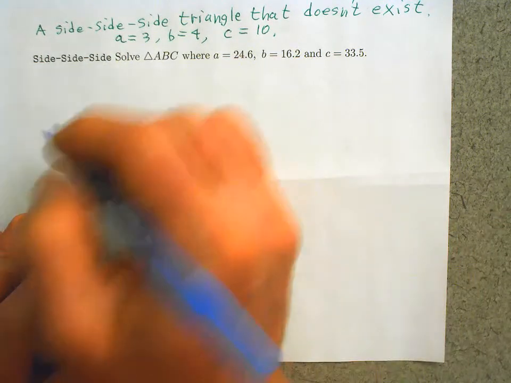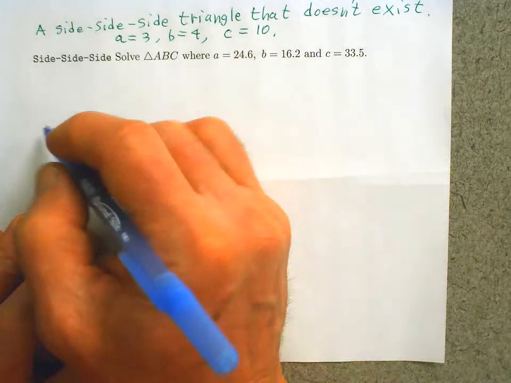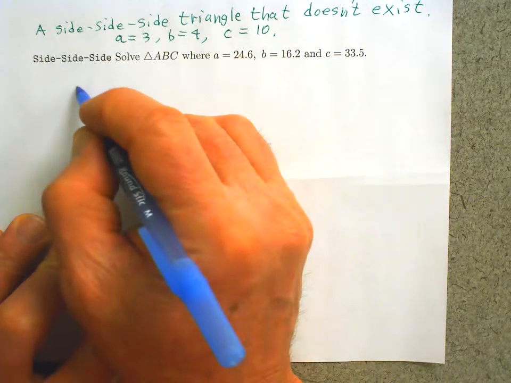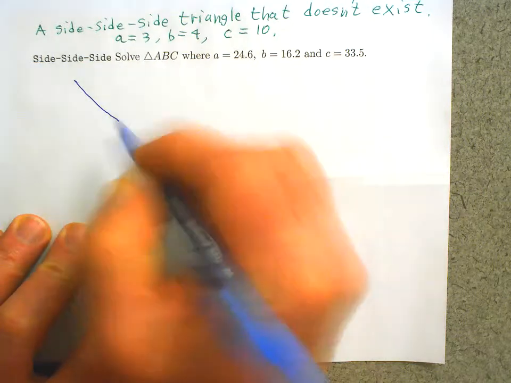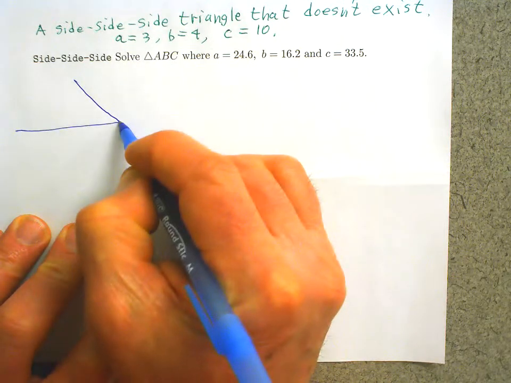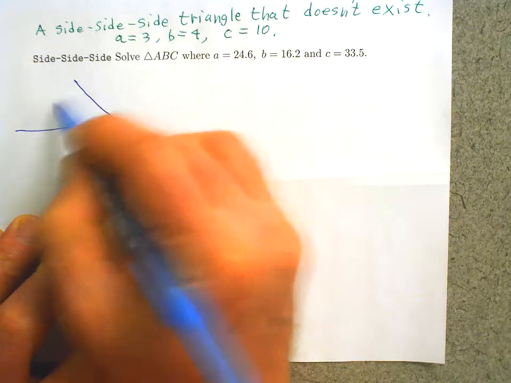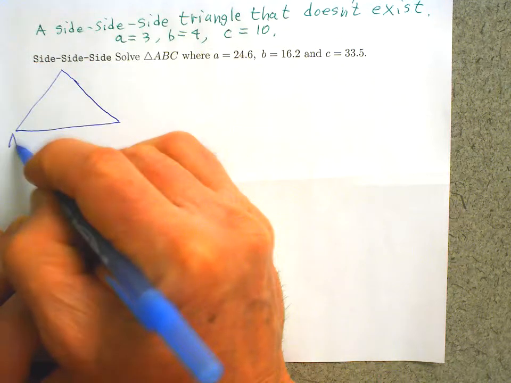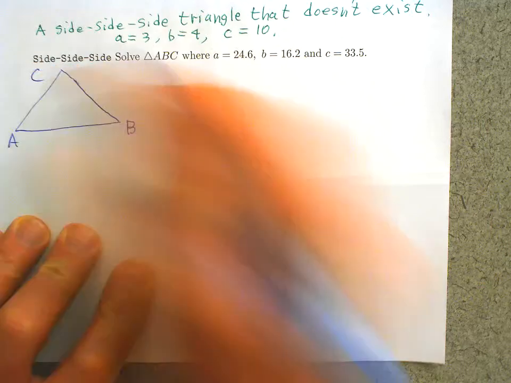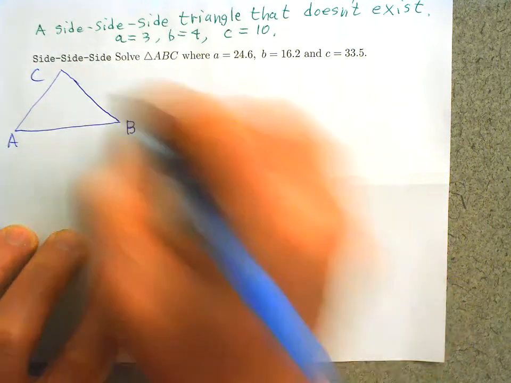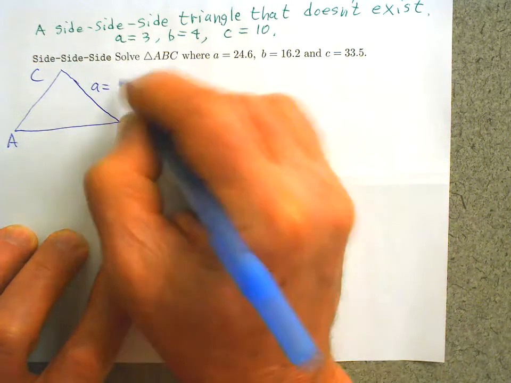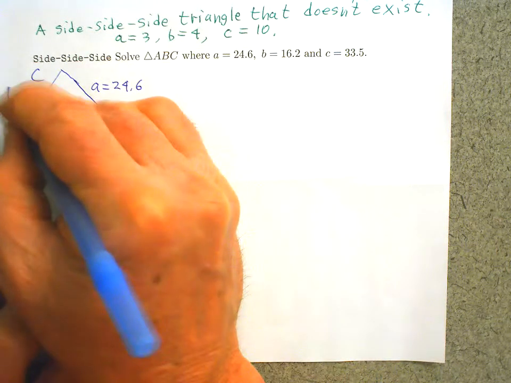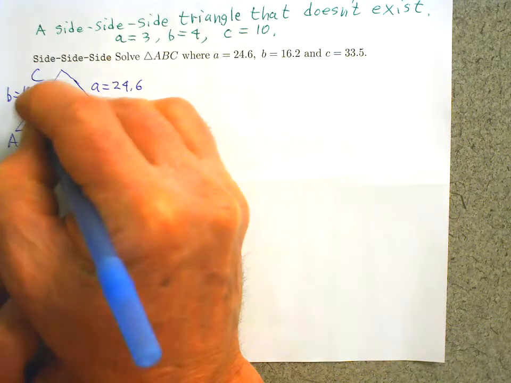So we're given three sides. Let's call this A, B, and C. So A is given to be 24.6. B is given to be 16.2.